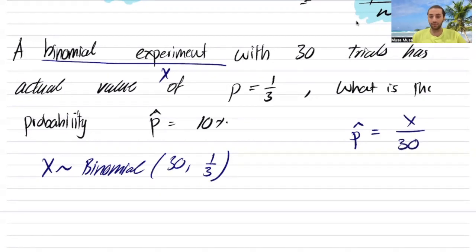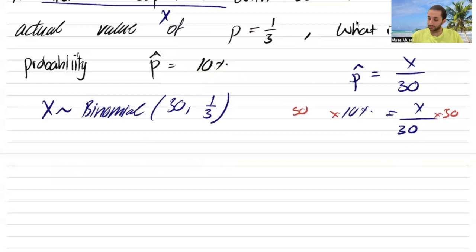So asking yourself, what's the probability that the sample proportion is 10% is the same as solving this question, so multiplying by 30, multiplying by 30, and getting, well, this is just 3. So it's the same as asking us, what's the probability x equals 3? Because x equaling 3 gives you a sample proportion of 10%.